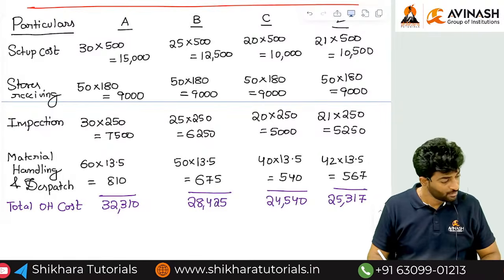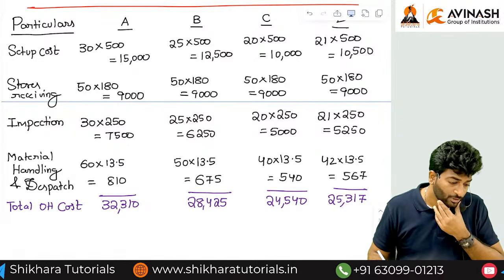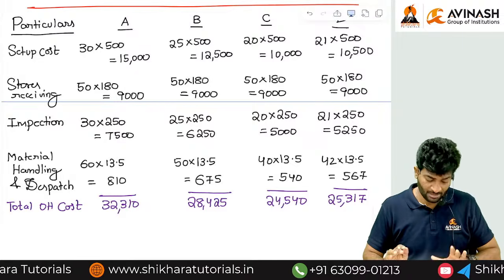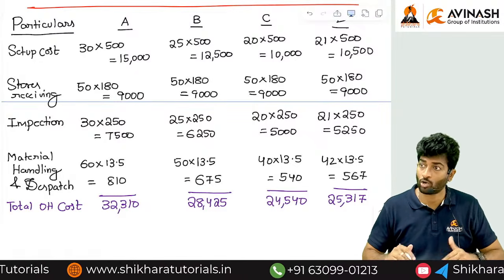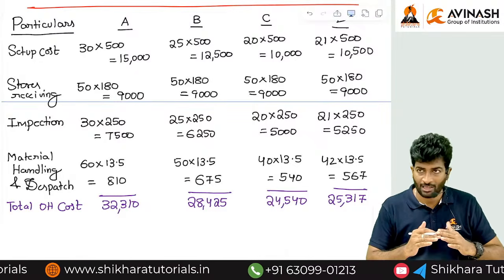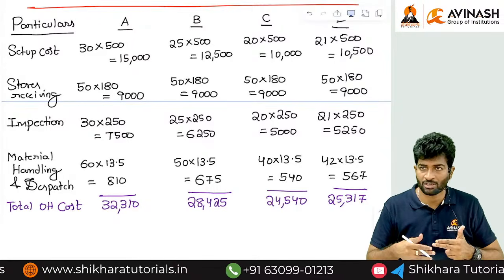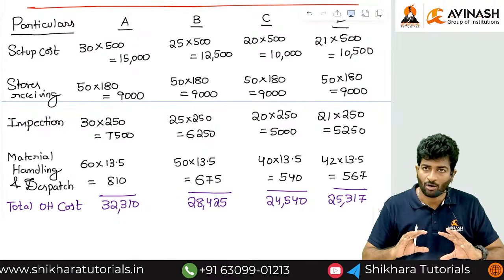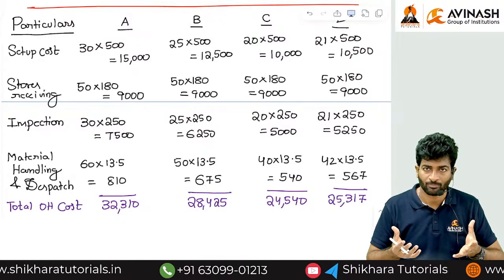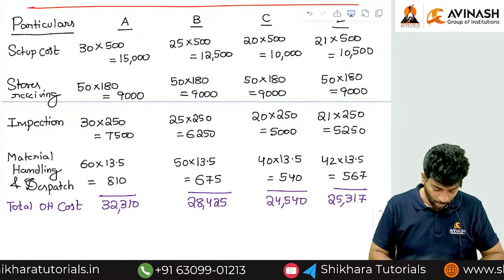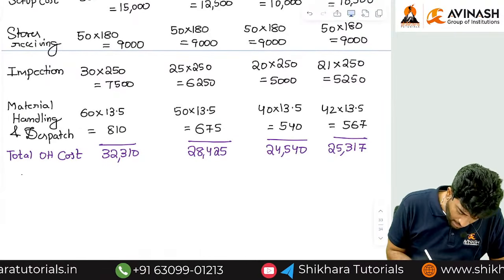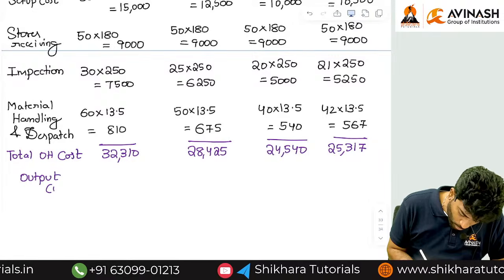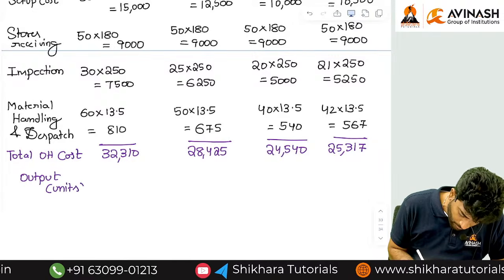Here, sir, they ask us to calculate total overhead cost per unit. This is total overhead cost, sir. This is for the total production. Because in the above statement, we considered total production and total batches, total requisitions, all these resources for the entire production. Now, this cost is for the entire production. Now, if you want to calculate on a 1 unit basis, you need to divide with output.